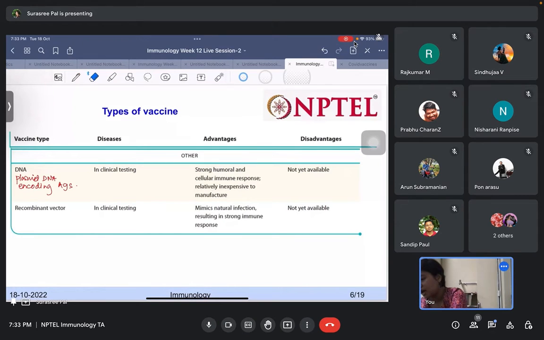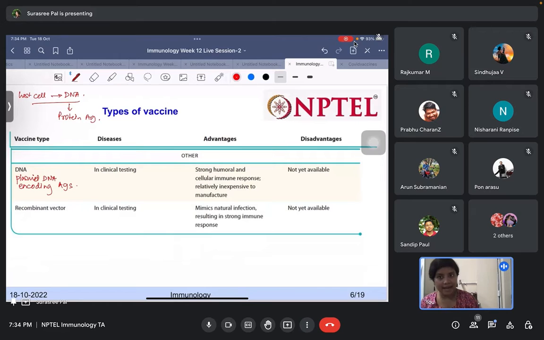So what will happen is the host cell takes up the plasmid DNA, and then it produces this protein antigen.